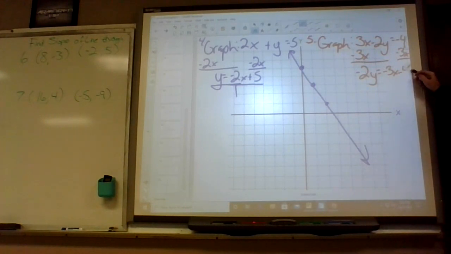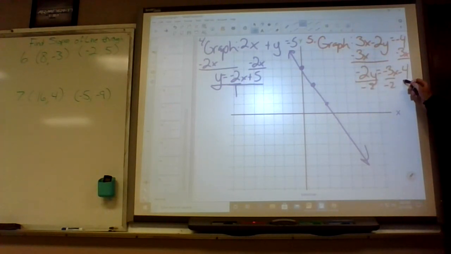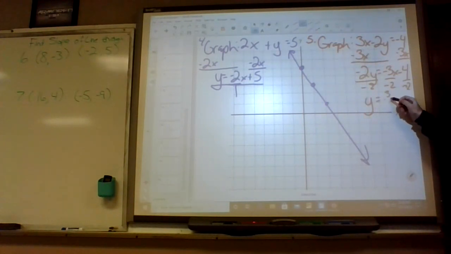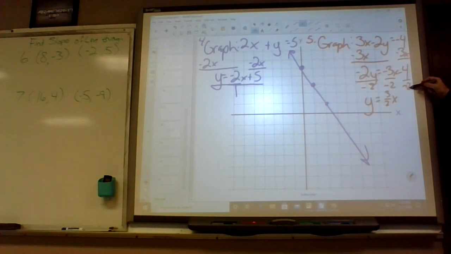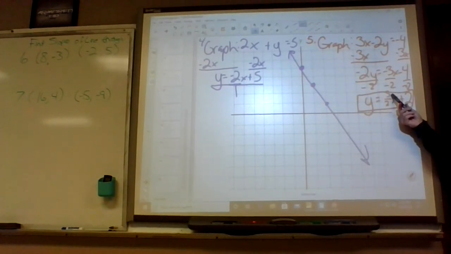Then you divide by -2. So then it's 3 over 2 x minus 4 equals y. -4 divided by -2 is positive 2. Is it okay if we put 1.5? Okay, you'll want to keep it as an improper fraction because we gotta use that as a slope.